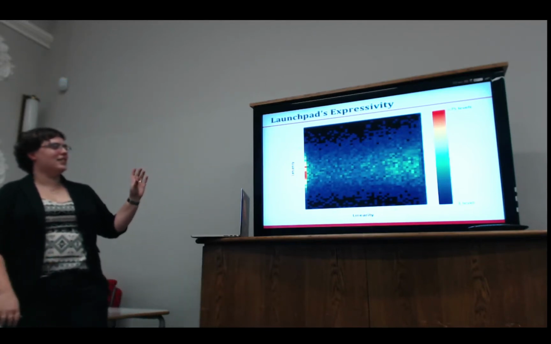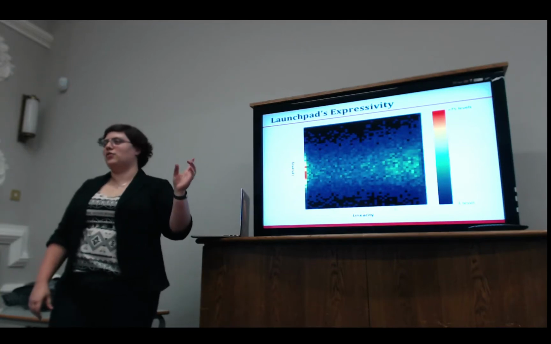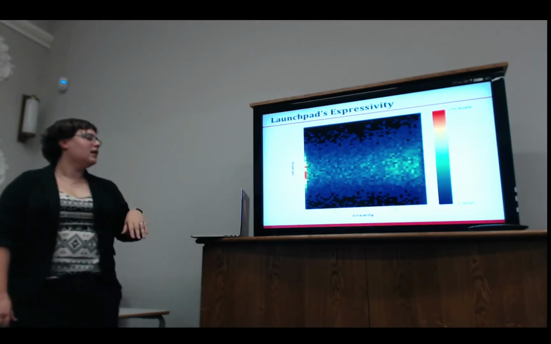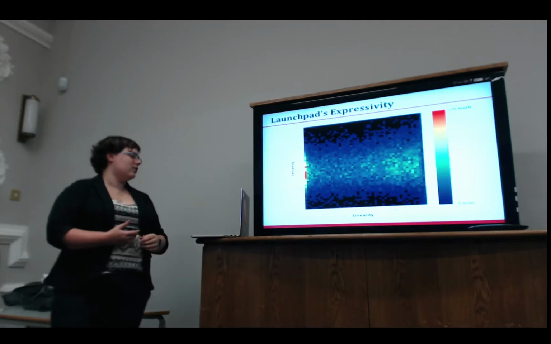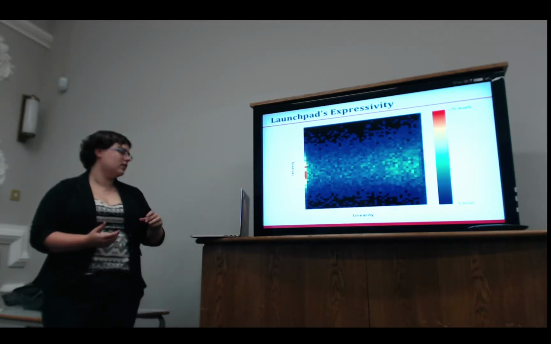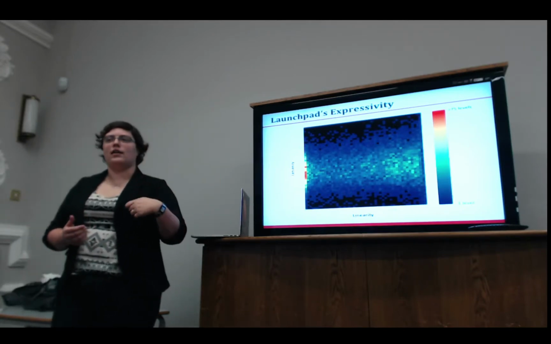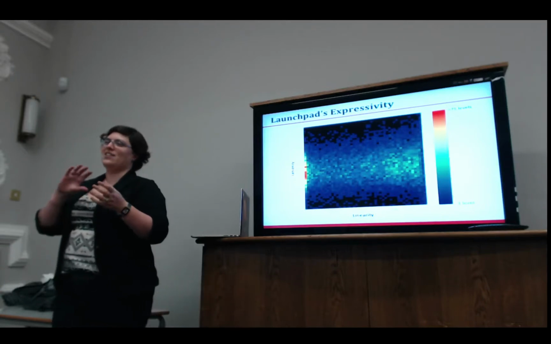This is an expressive range map for Launchpad, the generator that's underlying Endless Web. And to be able to evaluate this, we generated 20,000 different levels, judged each level on its leniency, which is kind of an objective measure of difficulty.